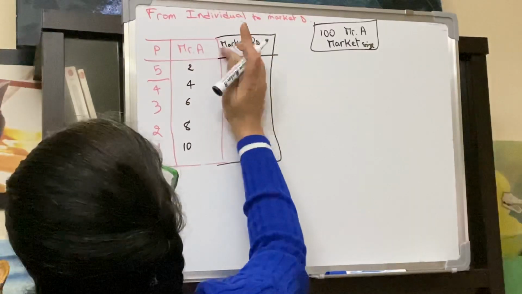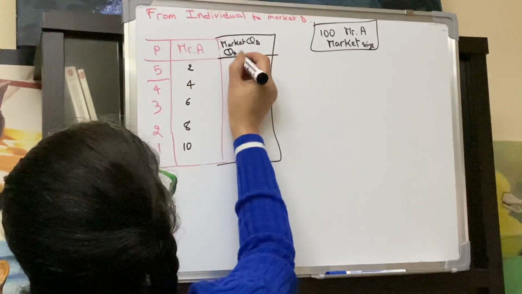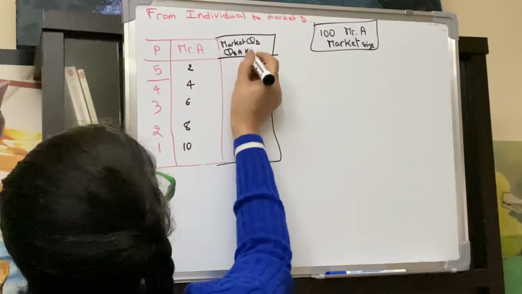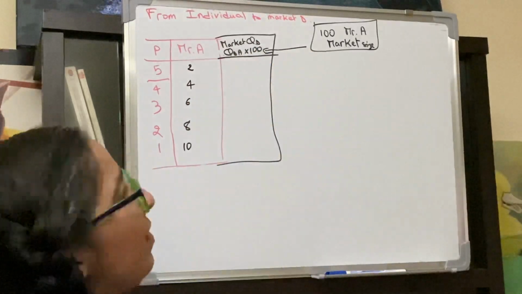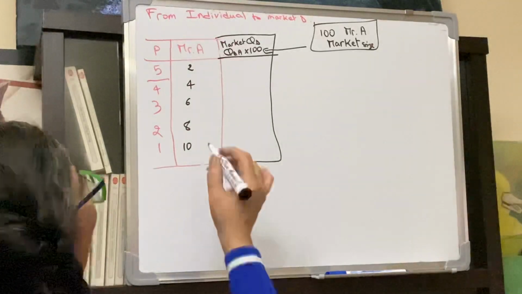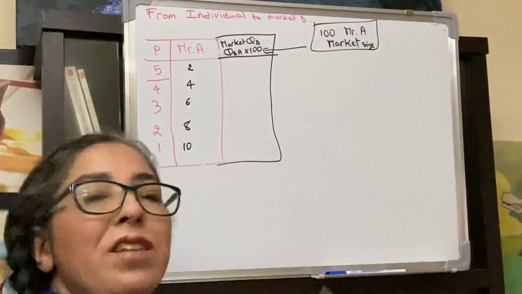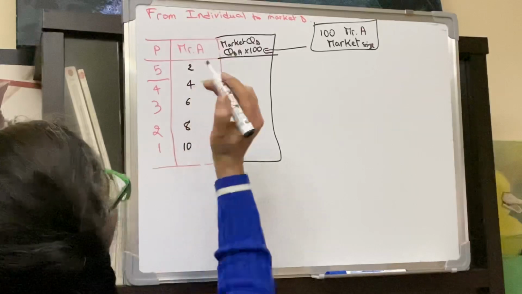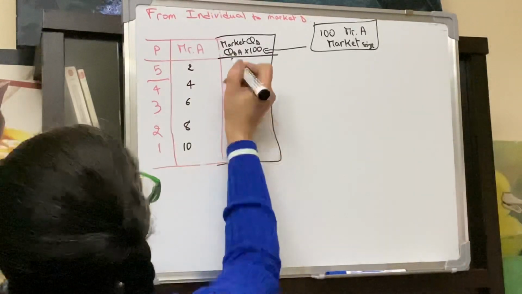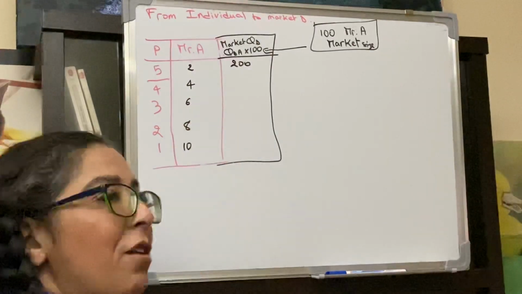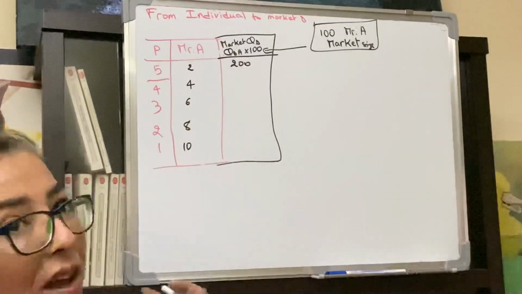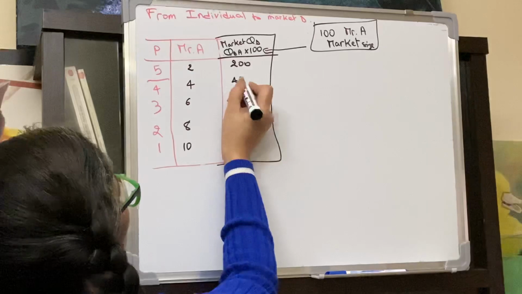So it's simply gonna be the quantity demanded of Mr. A times the 100, which is your market size. You get it? So at price 5, each one of us buys 2. So all of us, we are 100, we're gonna buy 200. At price 4, each one of us buys 4. So all of us, we're gonna buy 400.